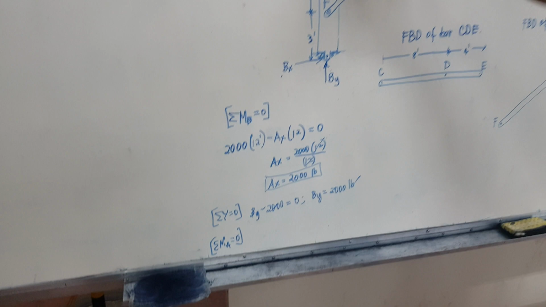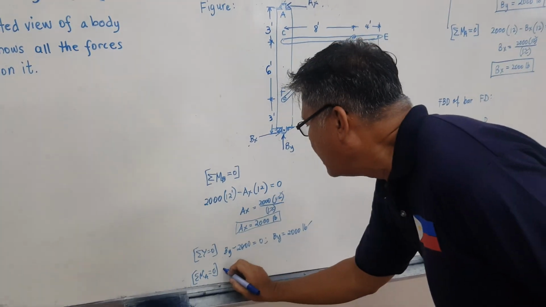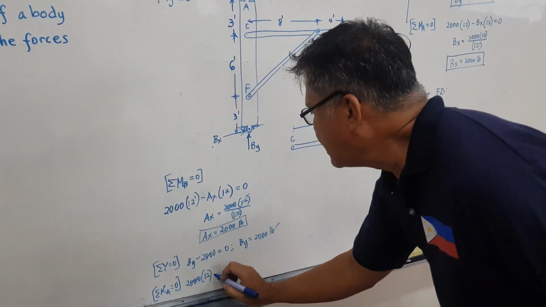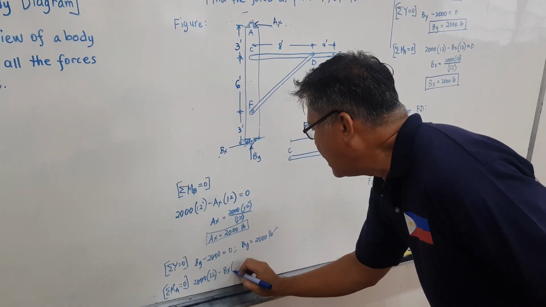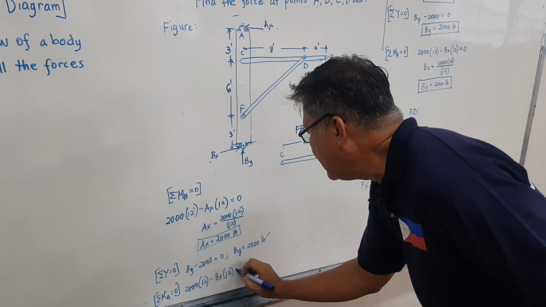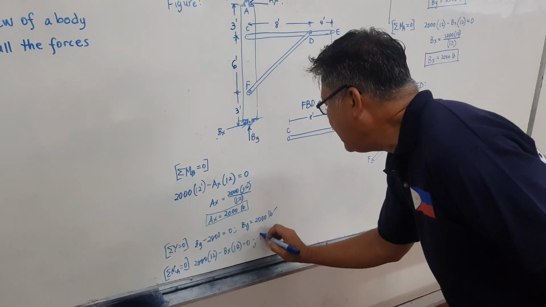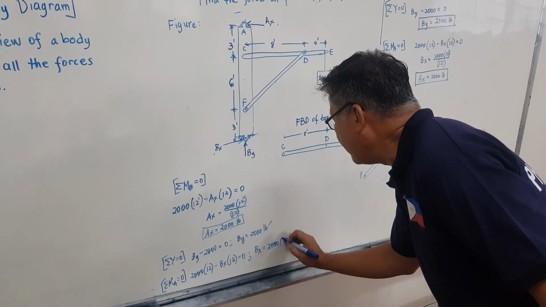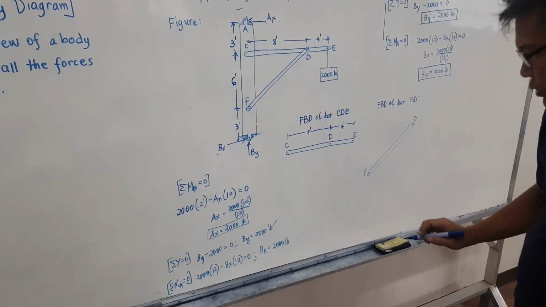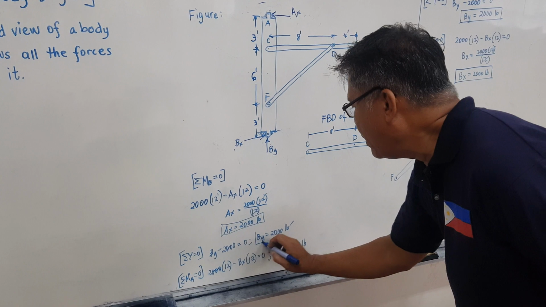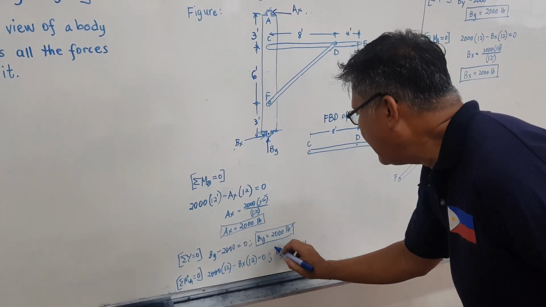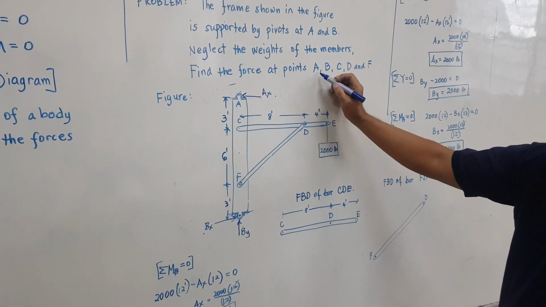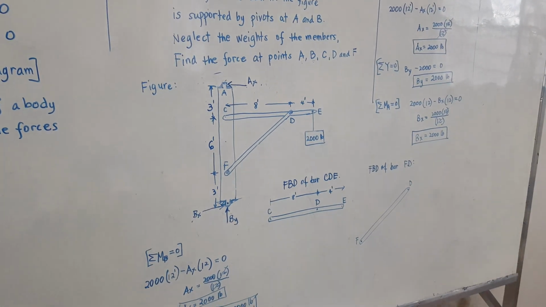So the load is 2,000 pounds times the distance of 12 feet minus Bx times the distance also of 12 feet is equal to 0. So Bx can be computed with a value of 2,000 pounds also. So we already have By, Bx as our answers for B.